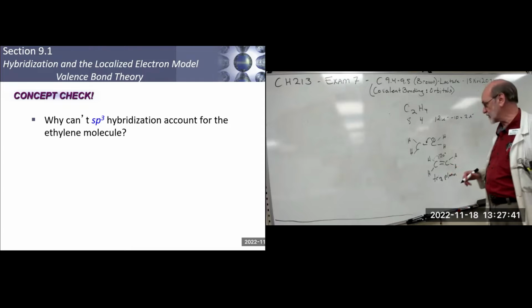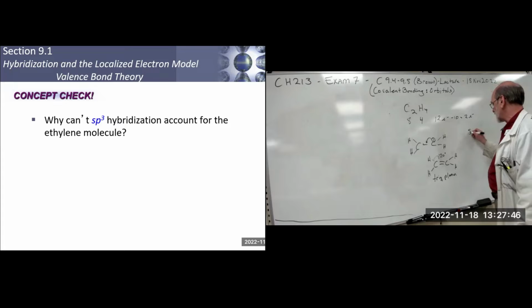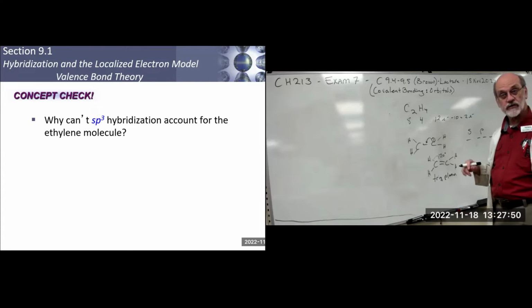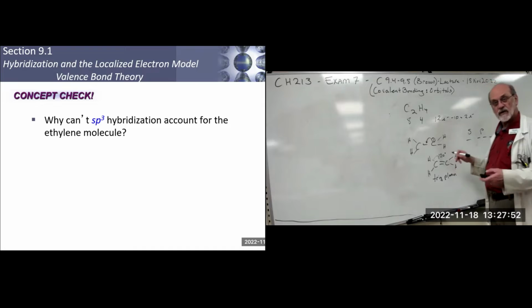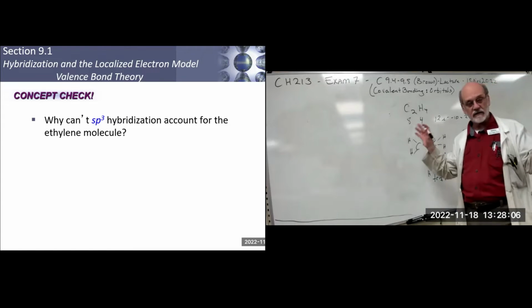How do we hybridize? If we're working with carbons that have an s and 3 p's, right? How many of those do you need? You really only need 1 of these and 2 of those, right? So we hybridize these and we make an sp2 hybrid, and then there's 1 p, let's call it z, that's left out. It's not used.